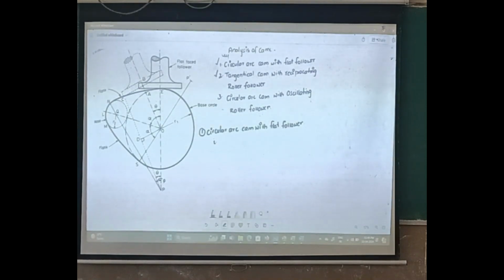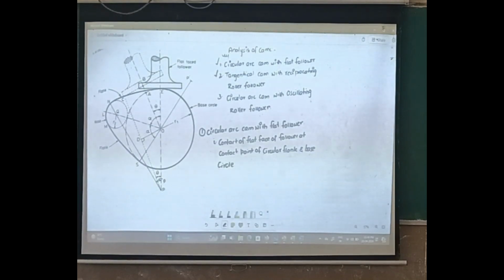The first case is contact of the flat surface or flat face of the follower at the contact of the circular flank and base circle.